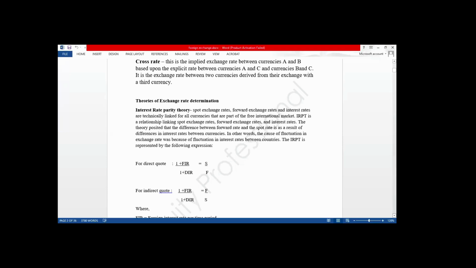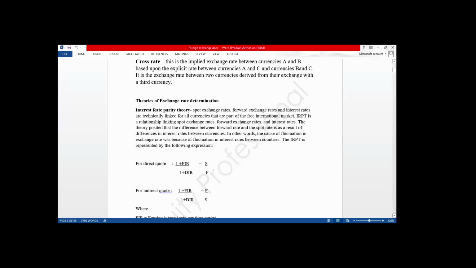In other words, the cause of exchange rate fluctuation is fluctuation in interest rates between countries.